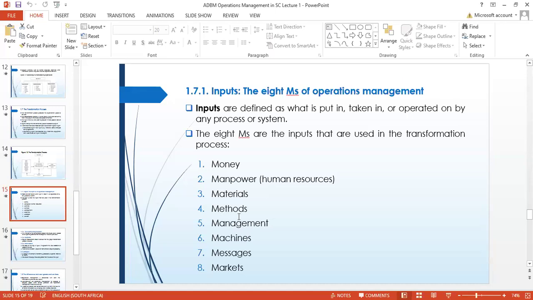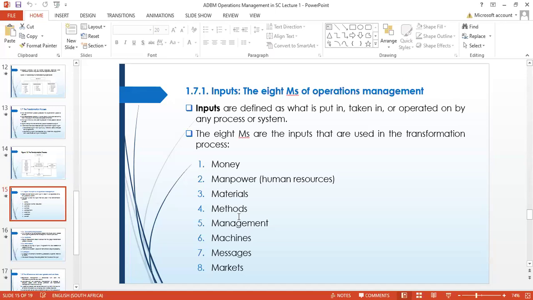We have the methods. We're talking of structured activities that are used to produce a product or a service. The method, the processes that are followed to produce goods or a service.